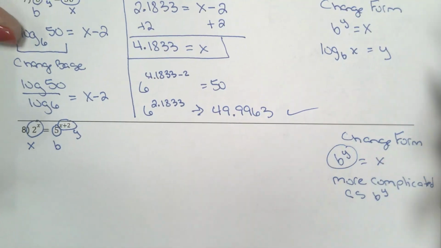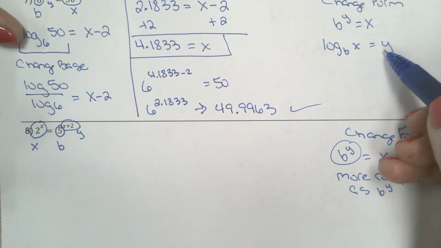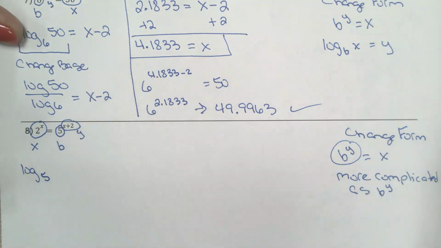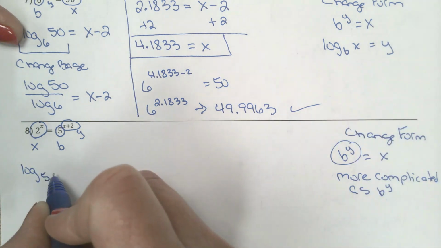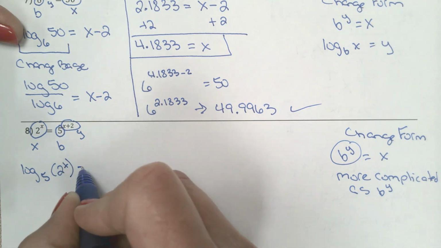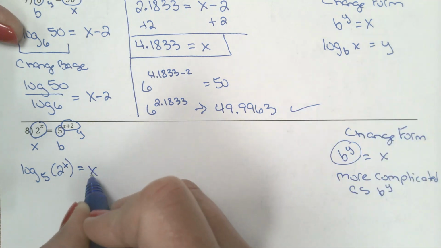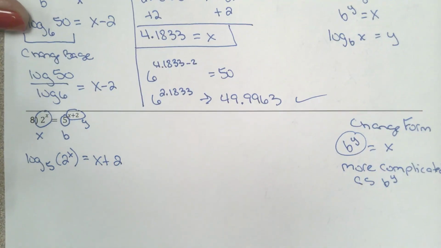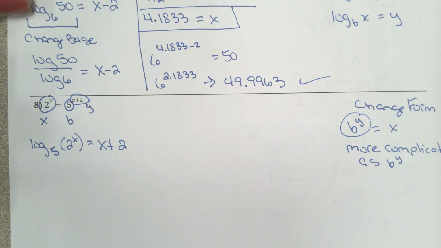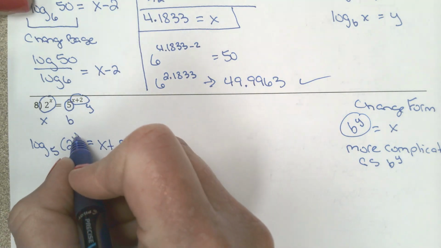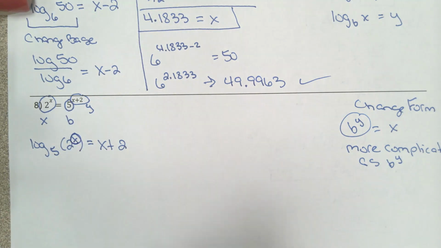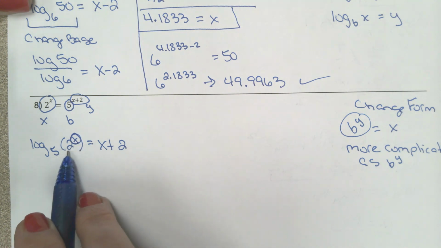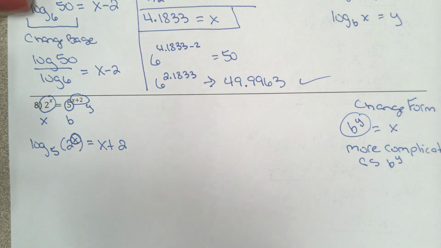So when I change form, I have log base 5 of x, which is 2 to the x, equals y, which is x plus 2. Now you have to figure out, if I could get rid of this exponent, then I would have a number in here, and I could use the change of base formula.